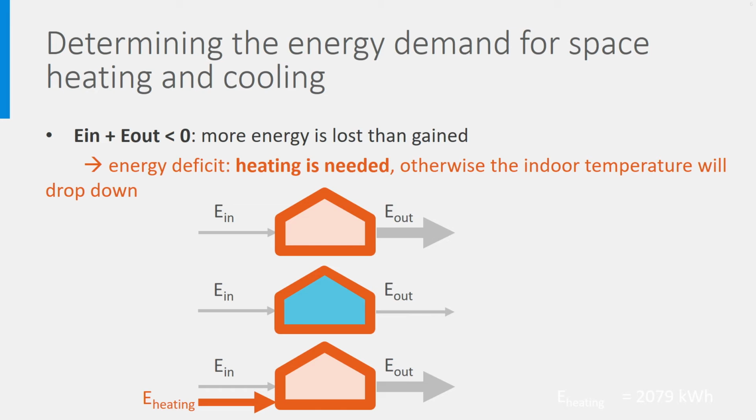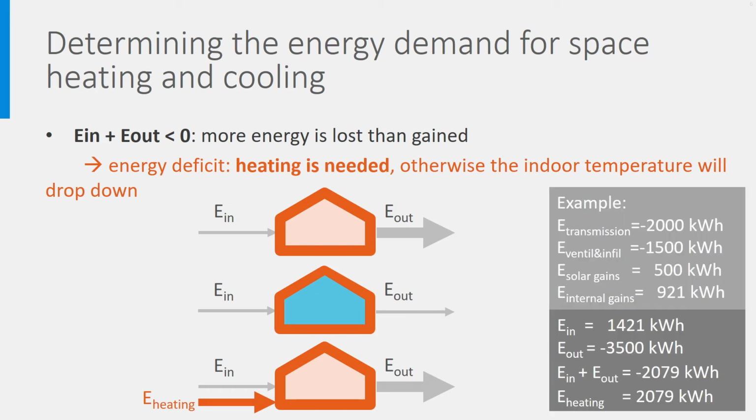Let's take again the example of the building with indoor temperature 20 degrees Celsius and take another day in the year where the transmission energy is minus 2000 kilowatt hour. Ventilation and infiltration is minus 1500 kilowatt hour and solar gains are 500 and internal heat gains are 921 kilowatt hour.